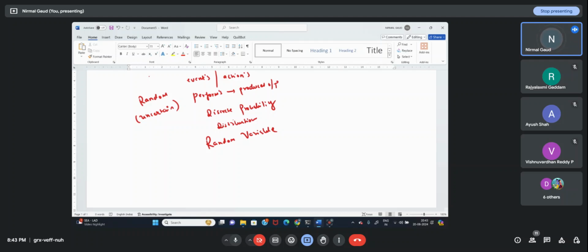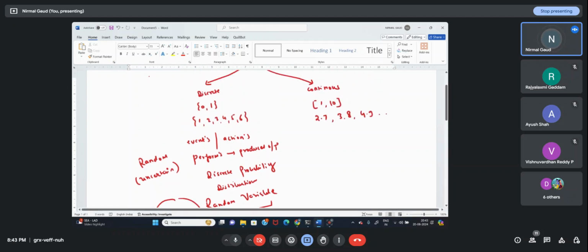If it is a discrete distribution, it will be called a discrete random variable. If it is a continuous distribution, then it is called a continuous random variable. So a random variable is to hold a value. If discrete distribution, it will hold discrete values. If continuous, then it will hold continuous values.